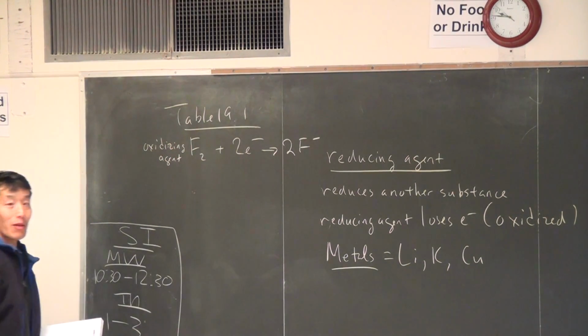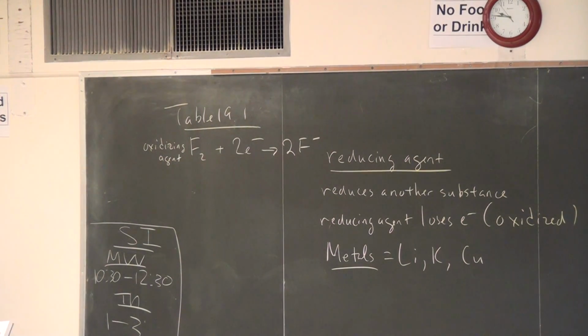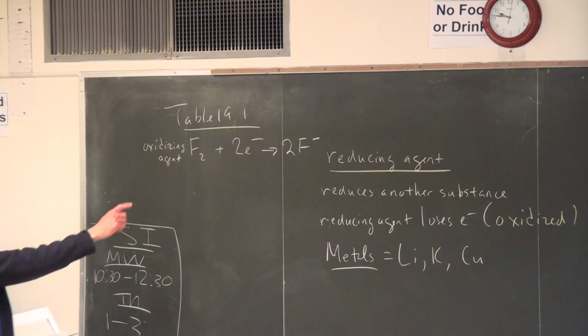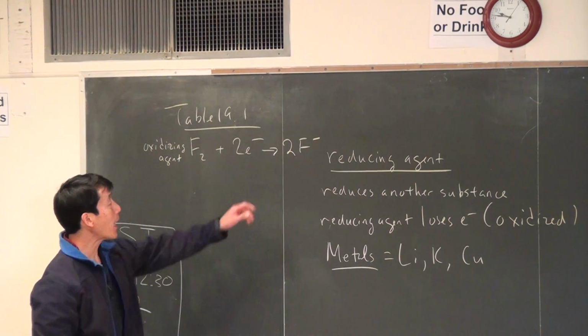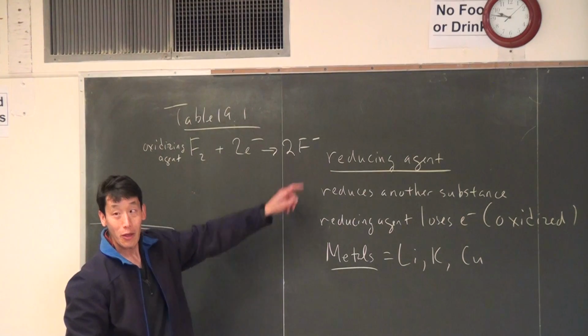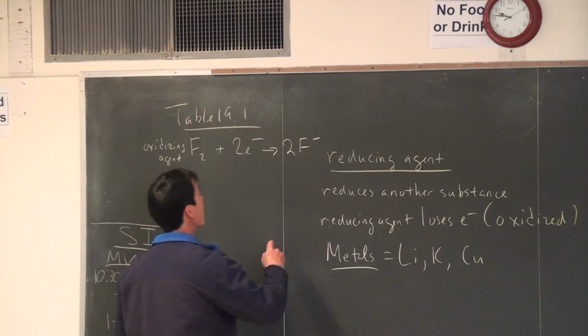Now, for every oxidizing agent, there's a corresponding reducing agent. Just like for every acid, there's a conjugate base. So if fluorine is the oxidizing agent, that means that the fluoride ion is the reducing agent.